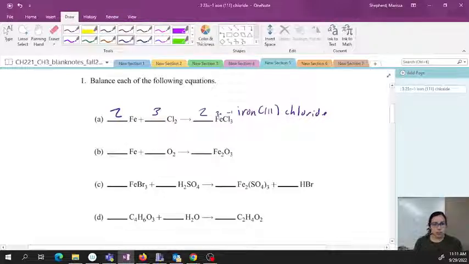All right, next one. Does someone want to give me the coefficients? 4 iron, 3 oxygen makes 2 Fe2O3. Is that what everybody got? Let's name this. So Fe2O3, what would that be? Remember your swap trick, you can back it out. It would be iron 3 oxide.